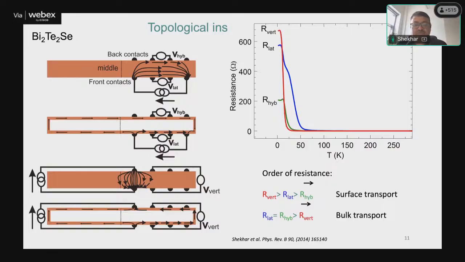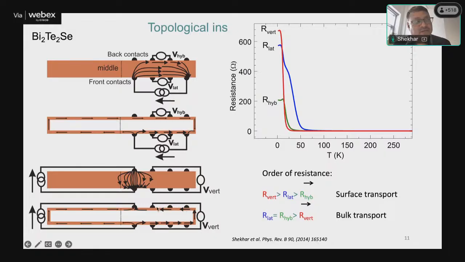That we can verify by the path of the current. Resistance measures how much distance we are covering, so it depends on the distance between the voltage probes. The vertical one is highest because vertical means back side and front side, and the current goes from one side to another side.